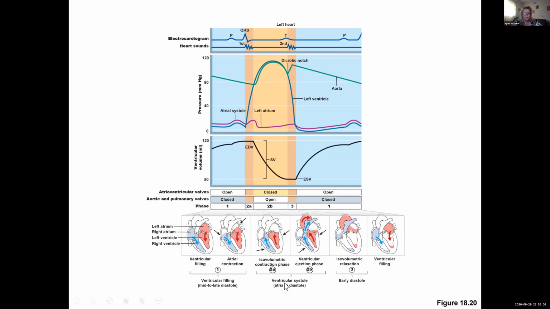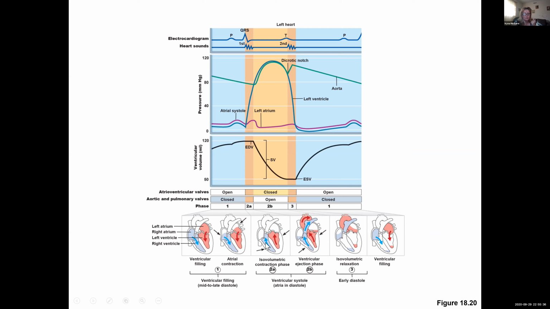After that, we have ventricular systole. When the ventricle is in systole, atria are in diastole, right? So atria relax and ventricle contracts. Here we have stage 2A and 2B: isovolumetric contraction and ventricular ejection. Now, isovolumetric means, iso means same, volume means volume, and metric means some measurement, right?